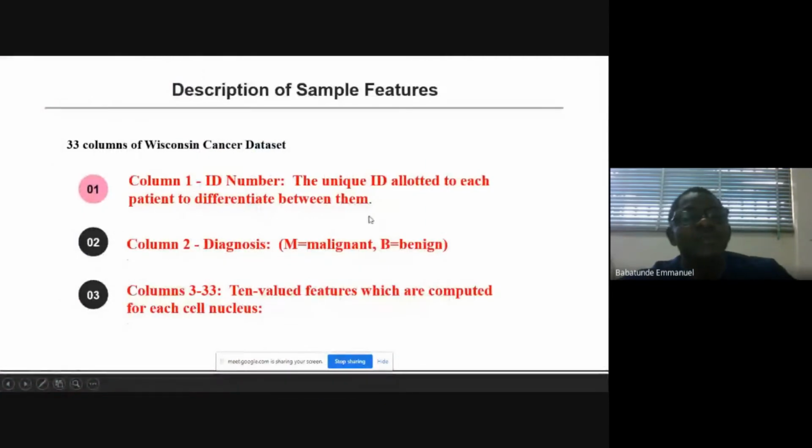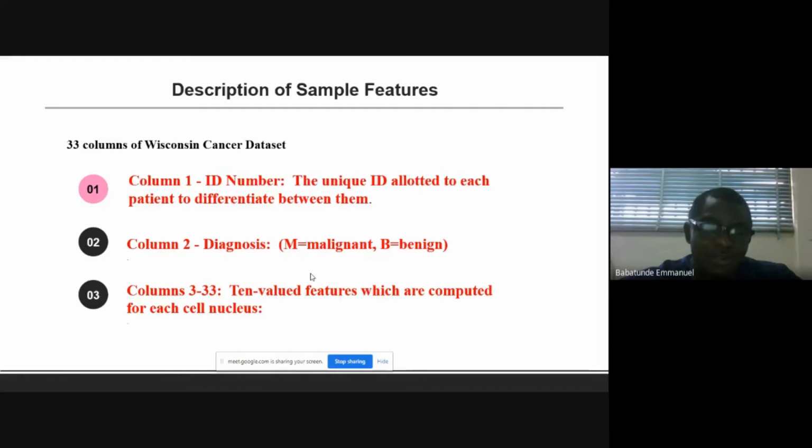So the Wisconsin cancer dataset is documented in an Excel worksheet or CSV, and it has 33 columns. The first column is the unique ID allotted to each patient to differentiate between them.